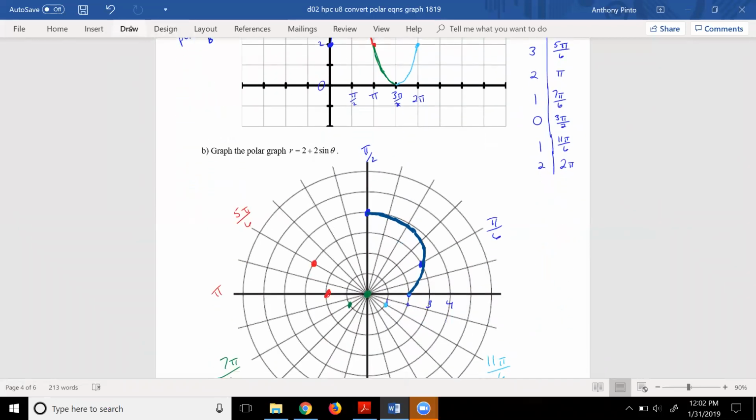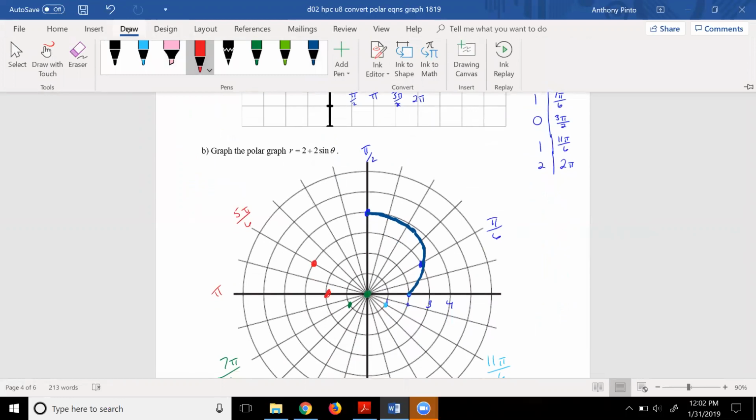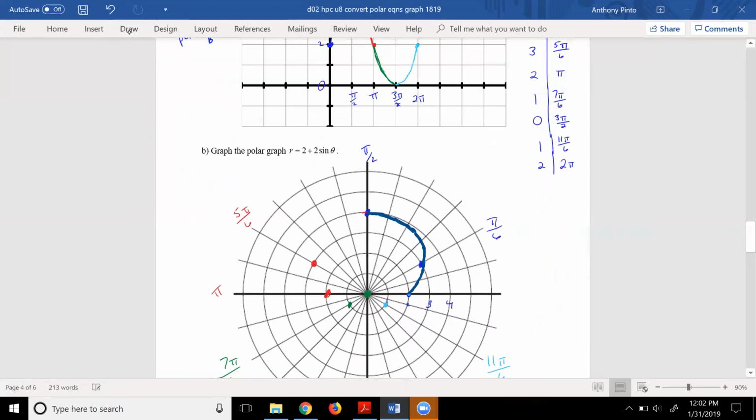Now we're going to graph the red section. It's going to come down here. Again, try to make it as circular as you can. It's always more circular than you think. That's that red section.